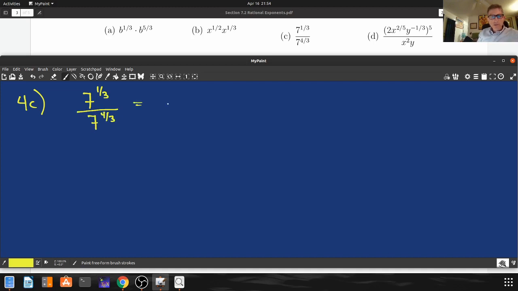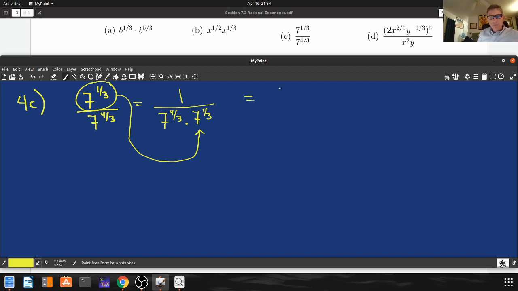Since 1/3 is less than 4/3, I'm going to keep 7 to the 4/3 underneath the division line, and I'm going to move this term underneath, and the operation there is multiplication, and it's replaced by a 1.